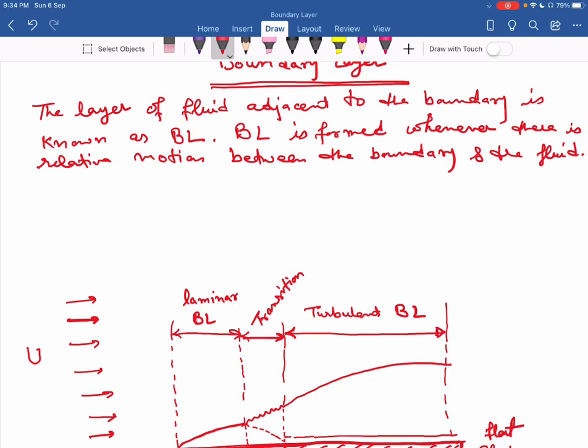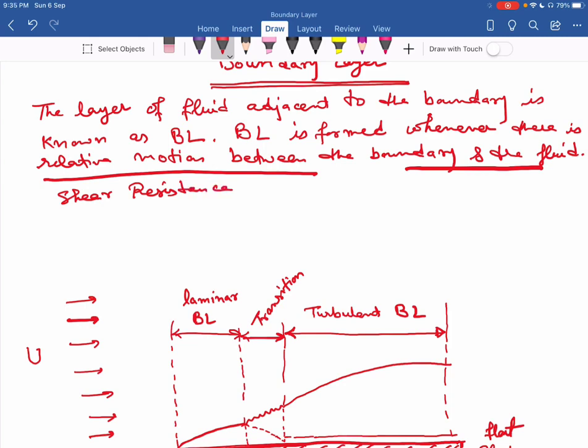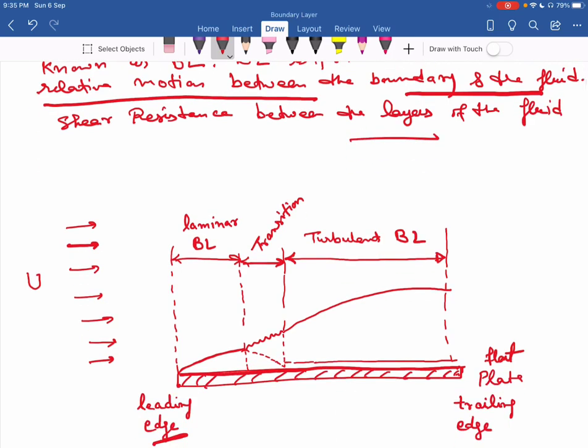When there is a relative motion between the boundary and the fluid, there is the existence of shear resistance or viscous force between the layers of the fluid. Above this plate, the liquid is flowing with the uniform velocity U. Adjacent to the plate, there is a formation of one layer that we call the boundary layer.